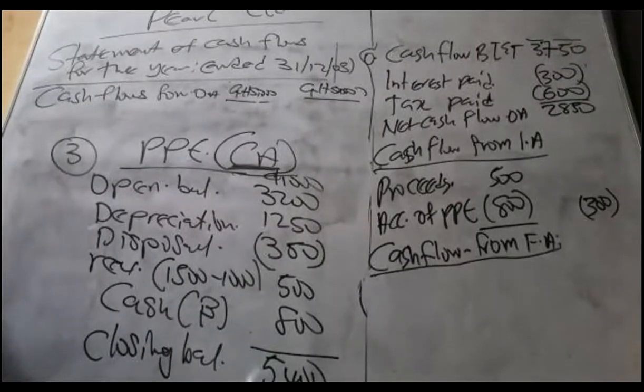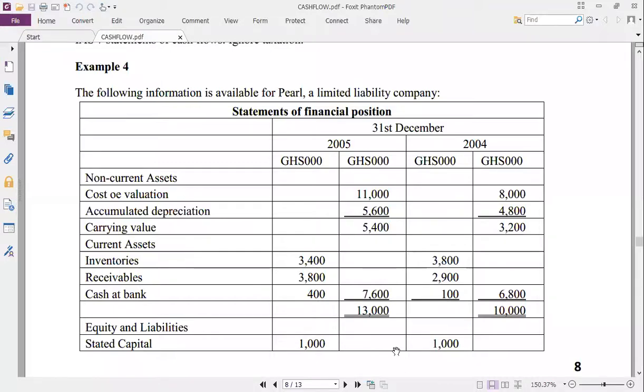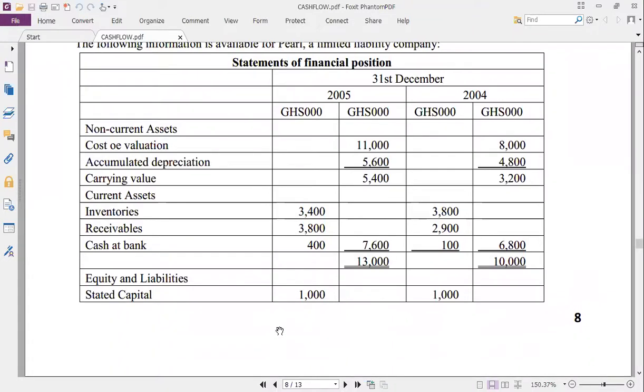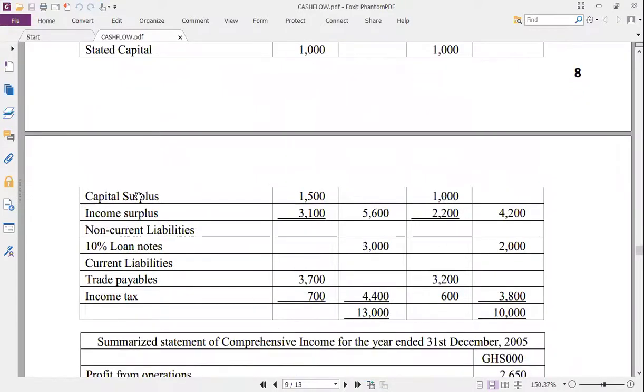If you go down, there's no movement, right? So equity has no issue of shares, that's the implication. In capital surplus, we've touched it already. Income surplus with the dividends, we're not going to touch it, but kindly confirm the balance for me.